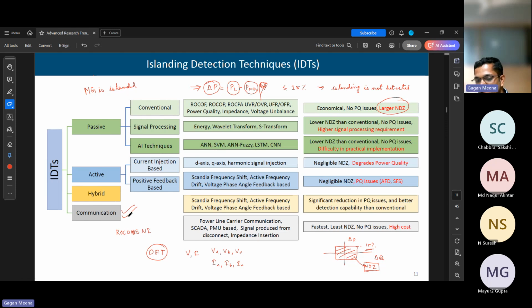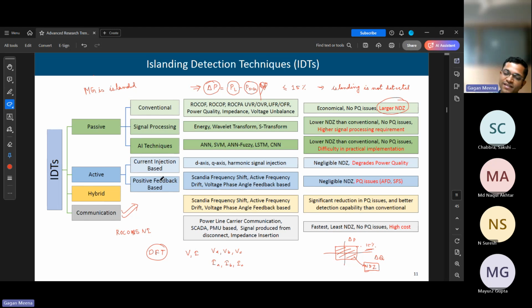This is also one of the techniques that is based on communication, namely the communication of the breaker status from the transmitter to the receiver, and it is based on the breaker status only. But for that, communication infrastructure is required, and in the distribution system we have right now, there is no communication infrastructure, you can say.